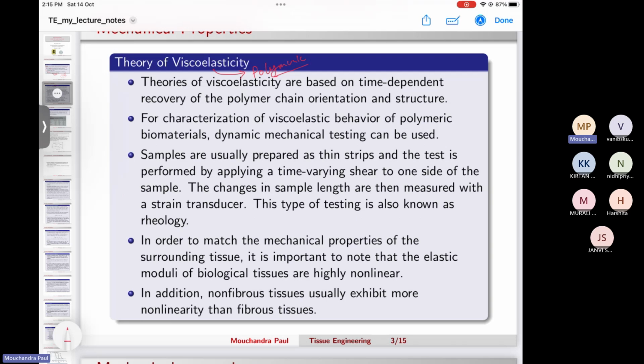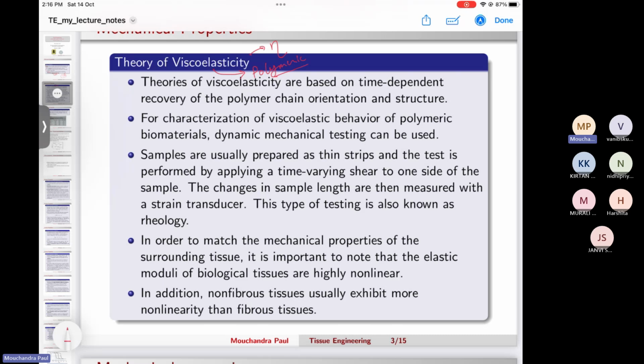If you recall, viscosity is a property that is usually seen in fluids, liquids or gases, right? It shows how much a fluid resists shear, right?